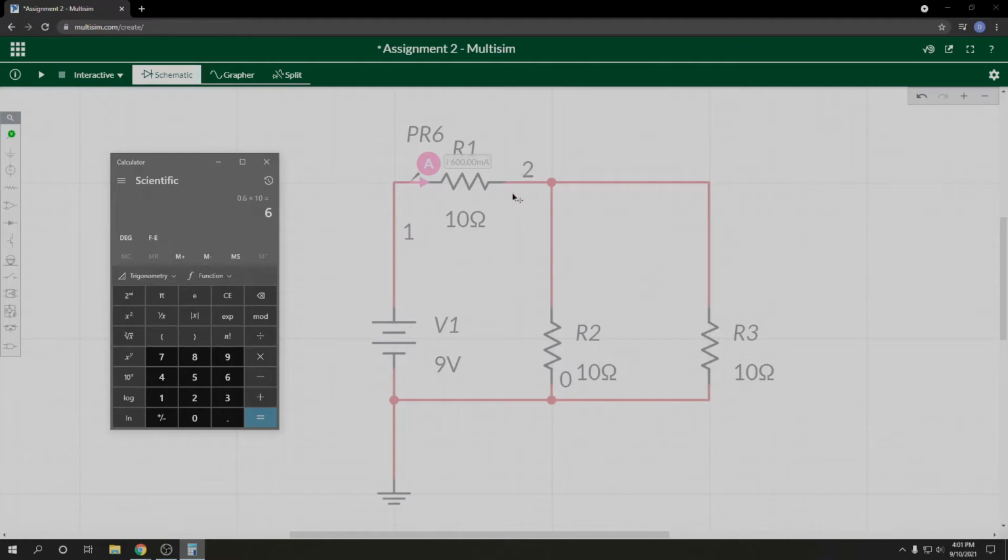This would mean that after resistor 1, the voltage would be 3. And then we know that after resistor 2 and resistor 3, the voltage must be 0 as it has to be 0 at the end, the negative end of the voltage source.